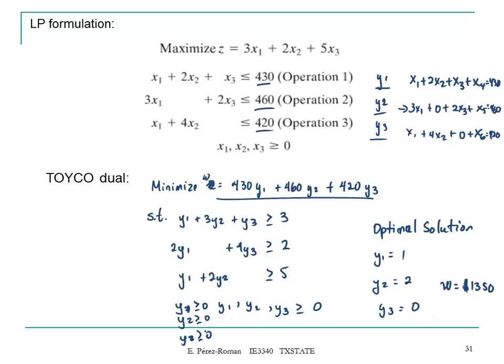For x5, you have no coefficient here, so that makes y2 greater or equal to 0. And for x6, you have no coefficients here, so that makes y3 greater or equal to 0. At the end, you know these y1, y2, y3 should be unrestricted, but since you have those slack variables, that will make them greater or equal to 0. Okay? So I apologize for skipping this part, but this is important.